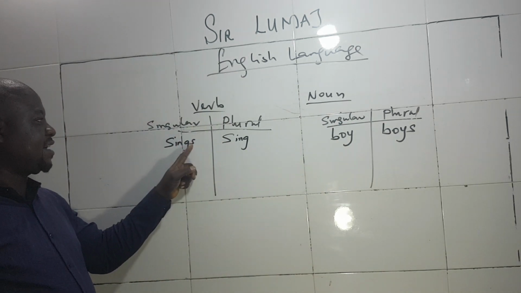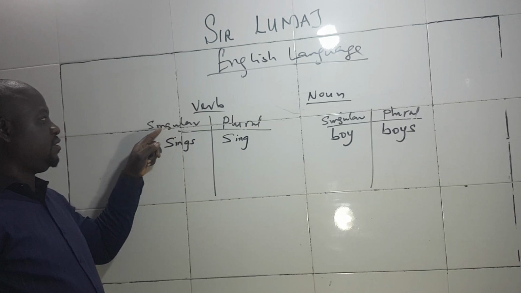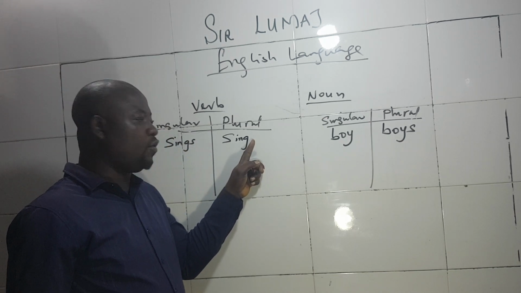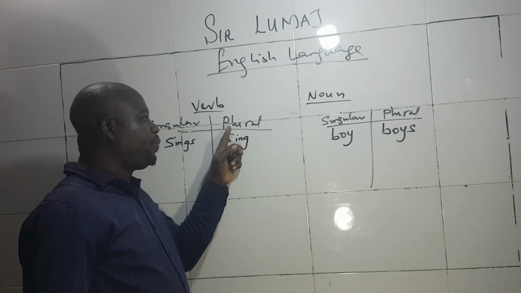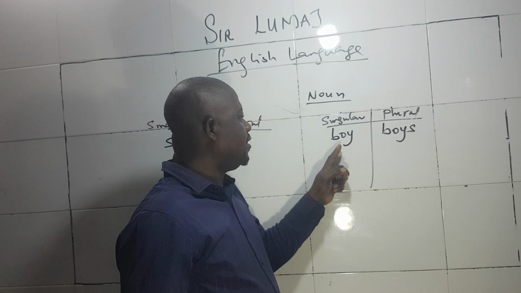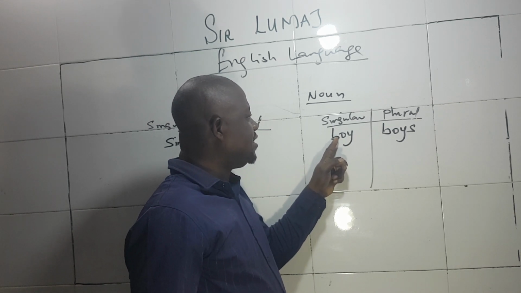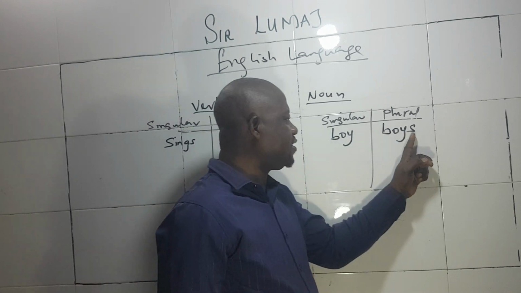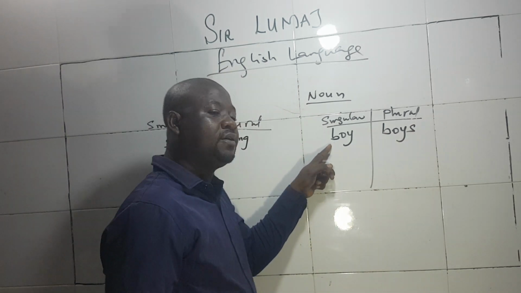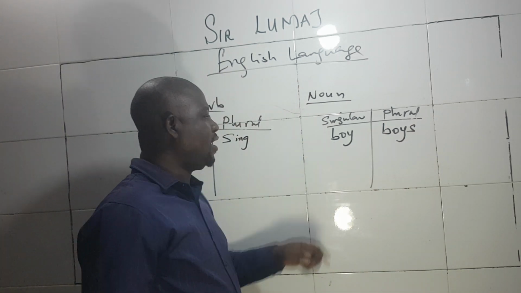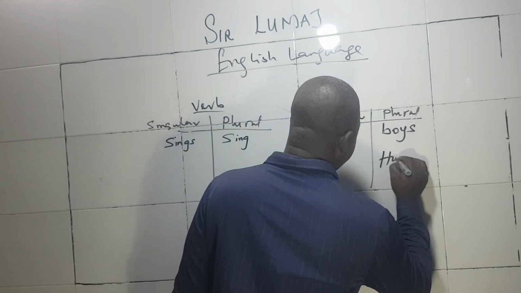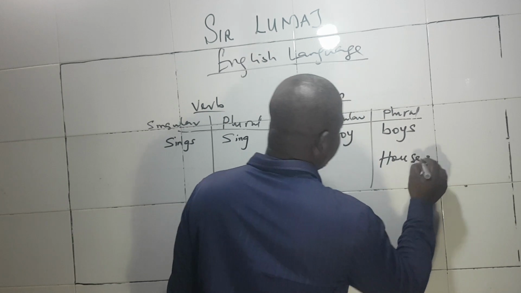Look at verb. When a verb is carrying S, it is singular. When it's devoid of S, it is plural. But under noun, when noun is carrying S, it is plural. When it is without S, it is singular. Another, I can say houses.